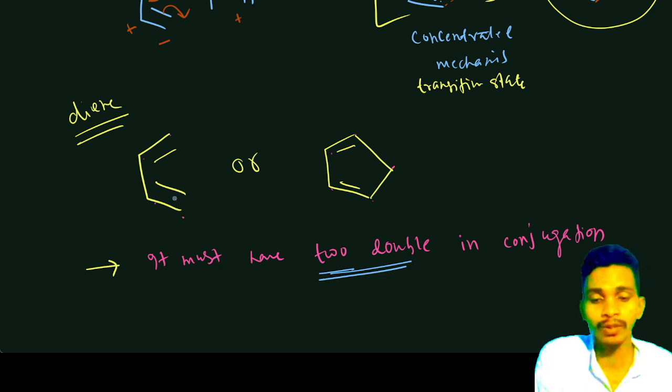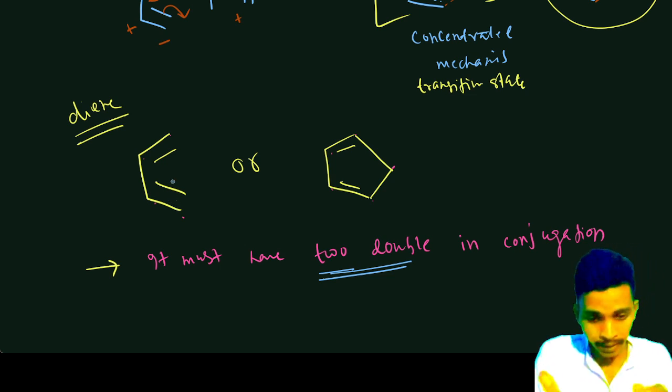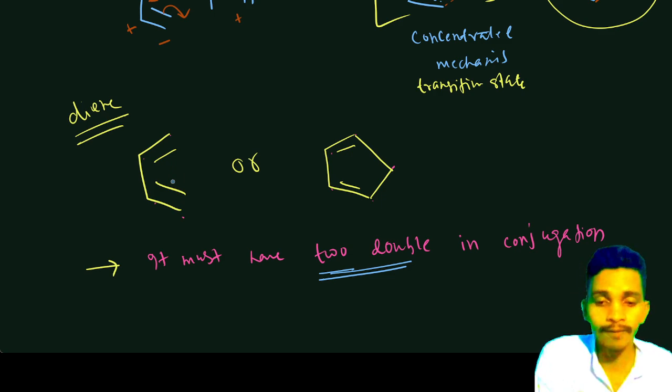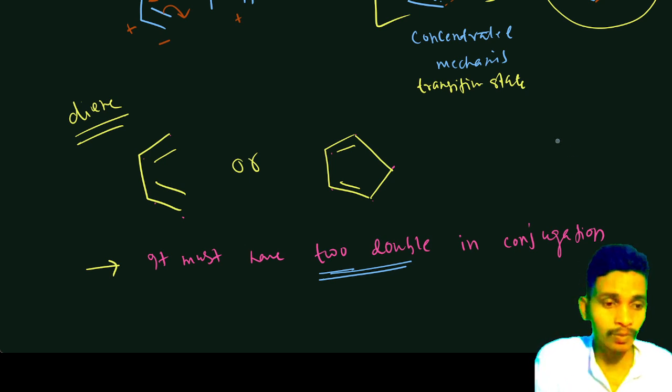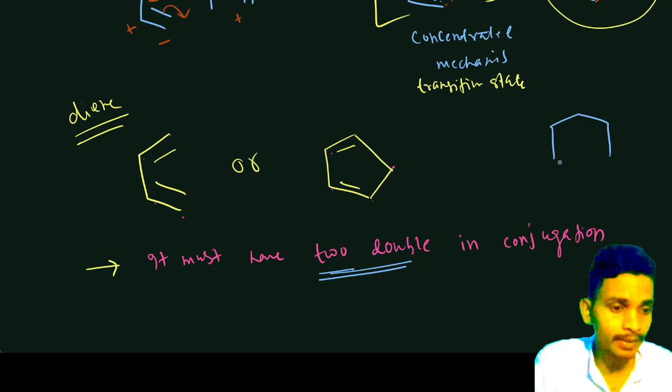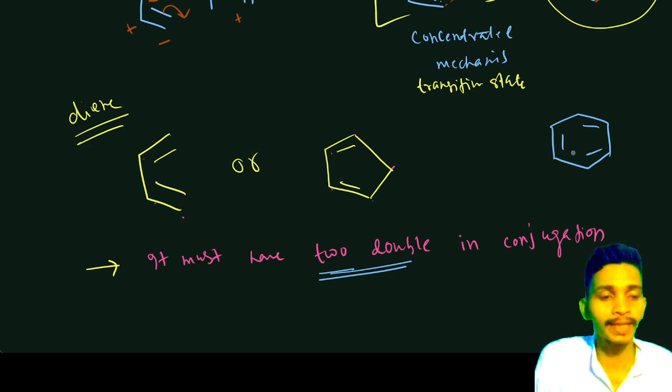That's what we discussed in the previous class: a benzene ring will not give the Diels-Alder reaction. The reason is that the double bonds are not separated, because they are in conjugation with three double bonds in the benzene ring, so we are not getting two double bonds.